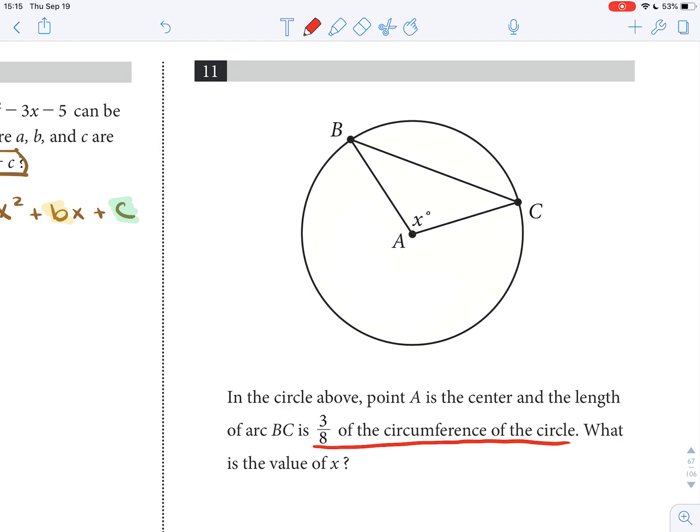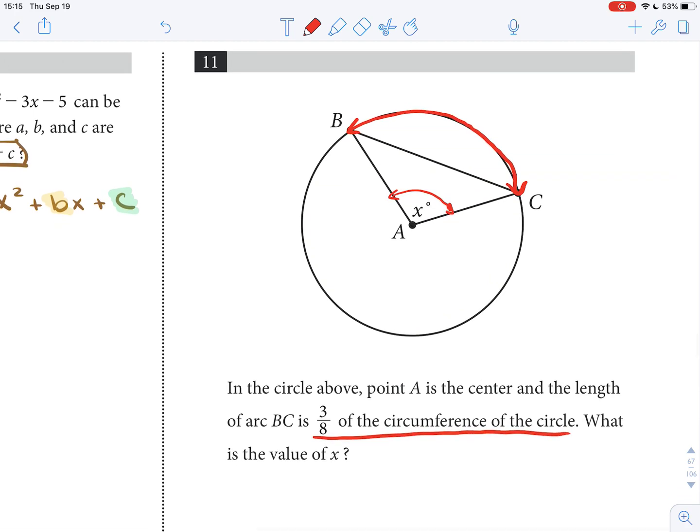Well, the thing about this is that this arc that they're talking about, arc BC, is proportional to the central angle. And what I mean by that is we can set this up if we wanted to. We could say arc BC.